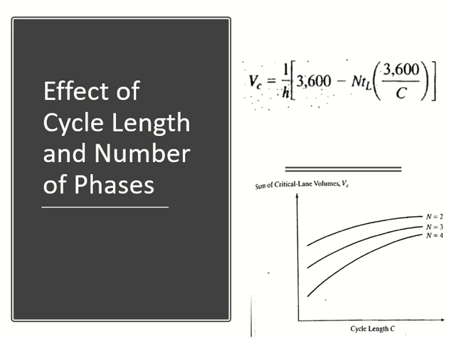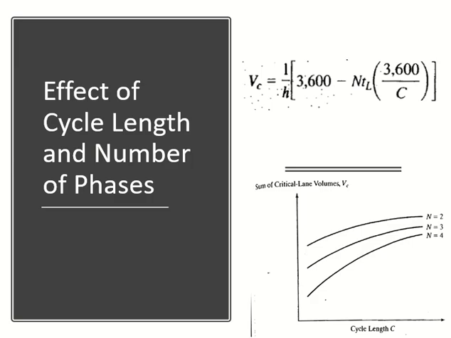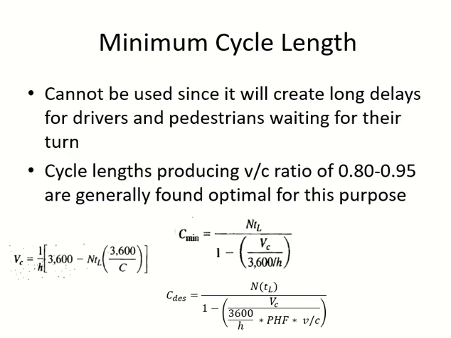This was the actual equation, TG upon H. Cute little sweet equation. Then we put the value of TG, then LH, then L, and we make it a scary monster, which is this one. Okay, clear?